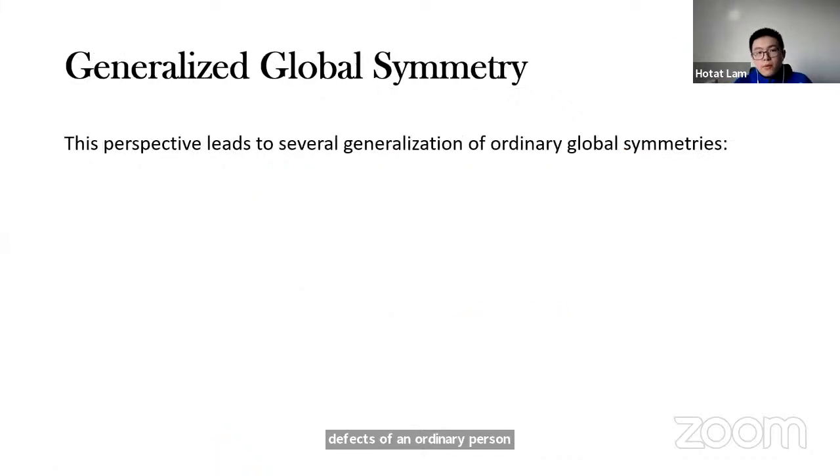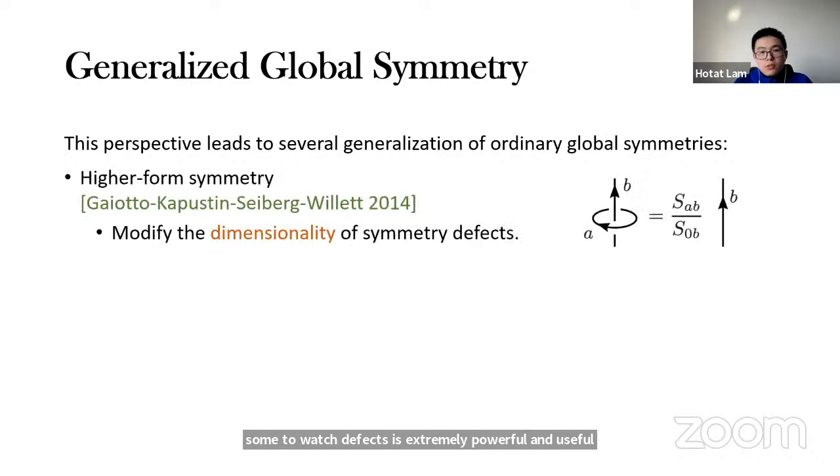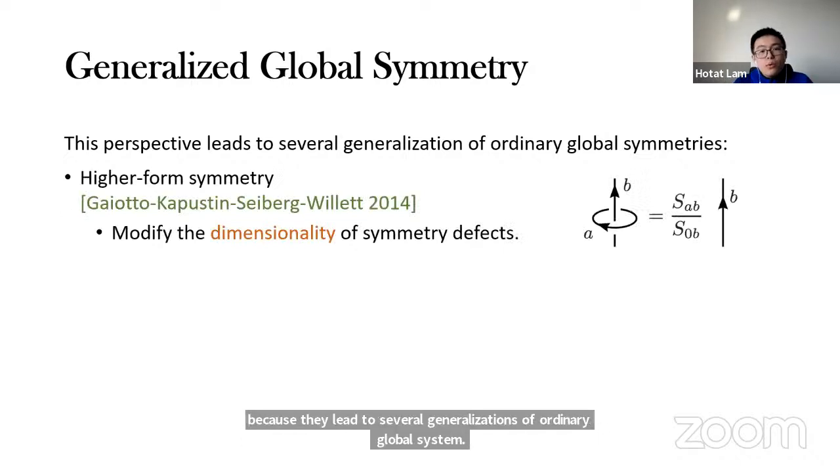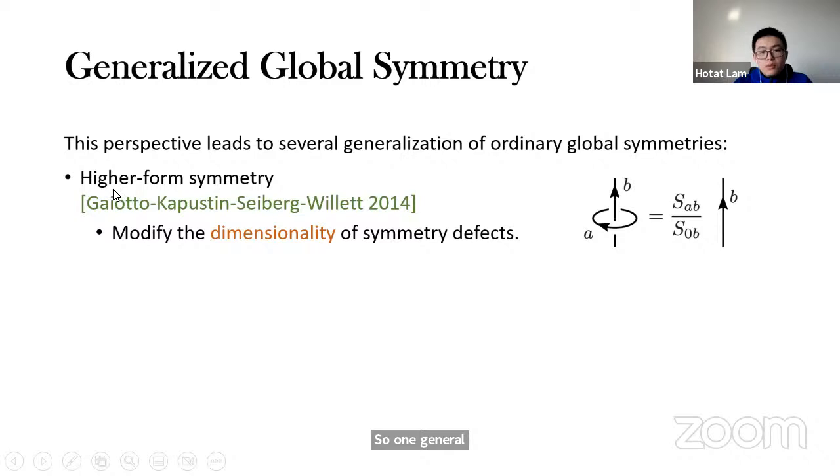This perspective of thinking about global symmetry as topological defects is extremely powerful and useful because it leads to several generalizations of ordinary global symmetry. One generalization, which is almost a decade old now, is higher-form symmetry. The idea is to modify the dimensionality of the symmetry defects. Instead of symmetry defects of codimension 1, we can talk about symmetry defects of higher codimension.